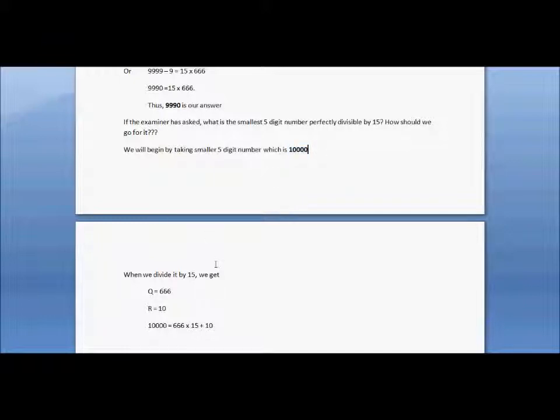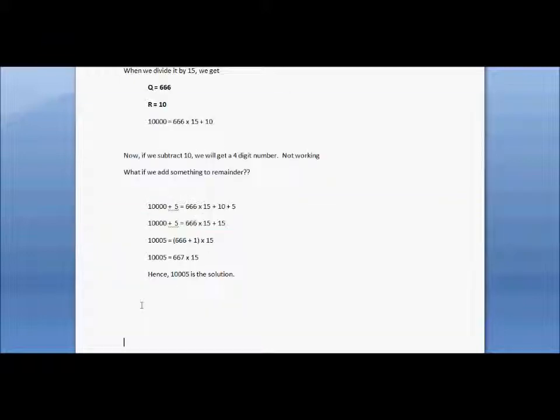Again, we would divide it by 15 to get a quotient of 666 and a remainder of 10, right? Again, we would write 10,000 is equal to 666 into 15 plus 10. Now if we subtract 10 from both the sides, what we would get is 9990, which is a 4-digit number. But what we want is a 5-digit number.